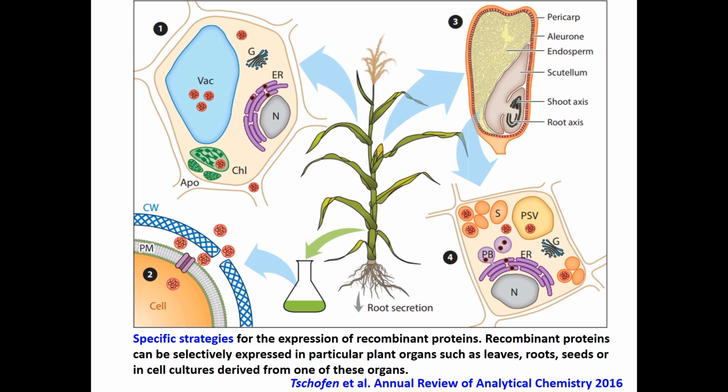So we can transform the plant and then target the expression of that high value recombinant protein to the seeds, and then after harvest, the seeds will be separated from the cob, or the cob itself can be transferred through general transport facilities like truck, train or bus, and then you can carry it wherever you want to supply this product.